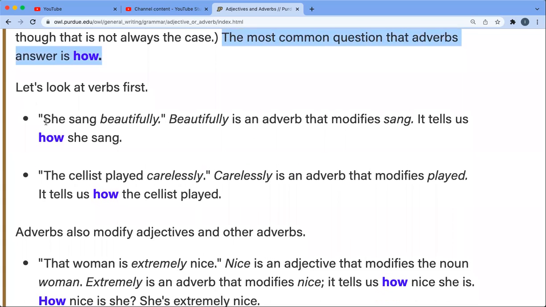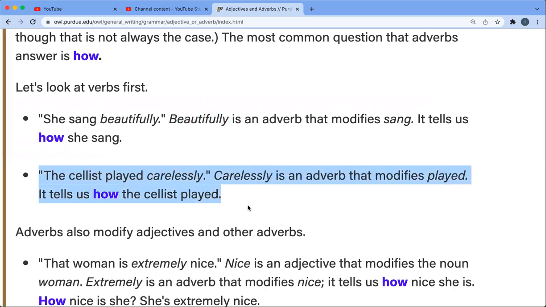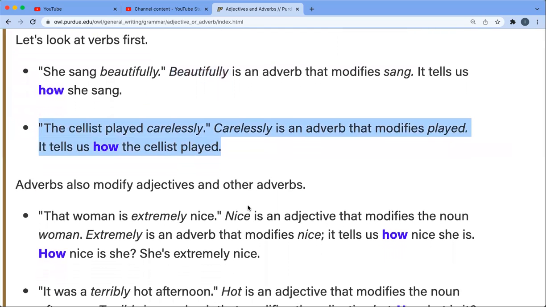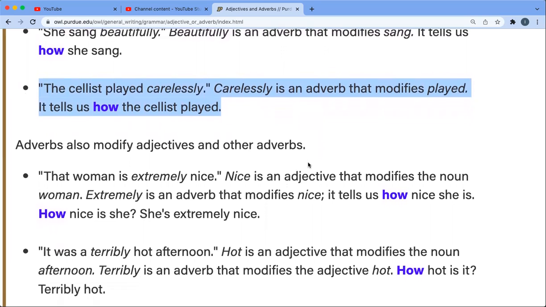If I say she sang beautifully and then I ask you how did she sing, you quickly answer beautifully and it is defining the verb sang. If I say the cellist, for example, played carelessly, carelessly is defining the way that the cellist played the cello. If I ask how the cellist played, you quickly respond carelessly.